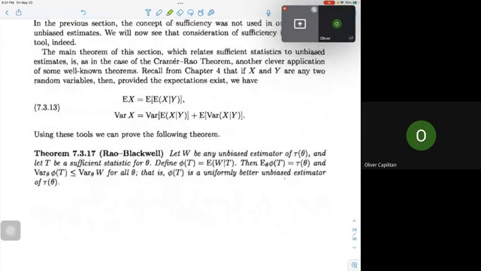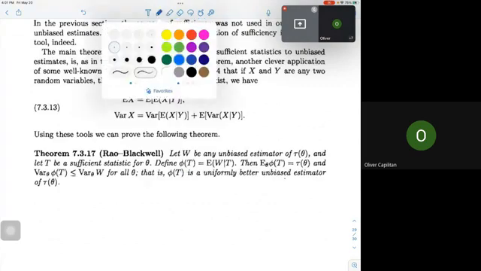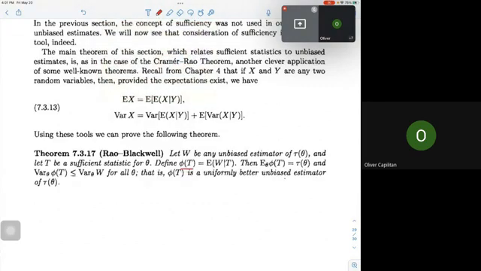We call this the Rao-Blackwell theorem, which states that let W be any unbiased estimator of the function of the parameter tau of theta, and let T be a sufficient statistic for our parameter theta, and then we define phi of t. Take note, this is a function of our sufficient stat.